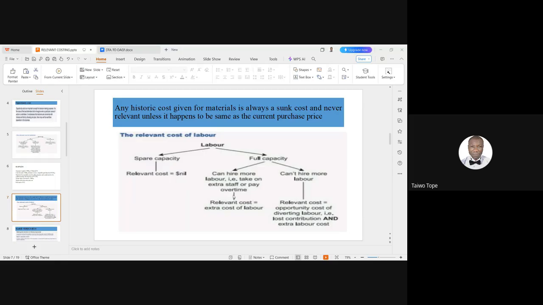So there will be zero relevant cost in relation to those idle workers. The relevant cost of moving them to another department is zero because you still pay them their existing salary without any extra compensation for moving them.